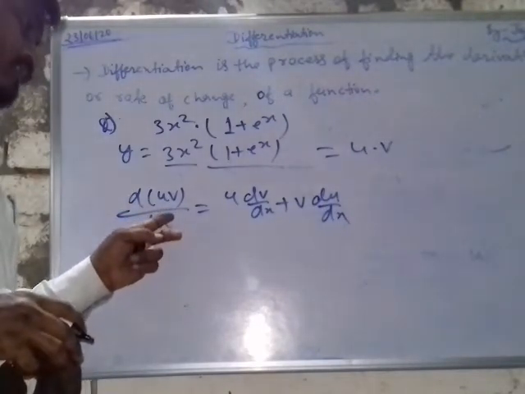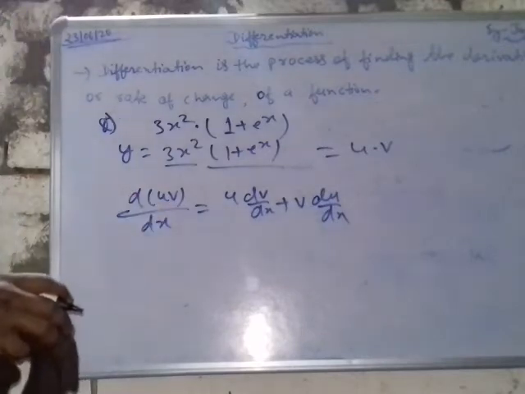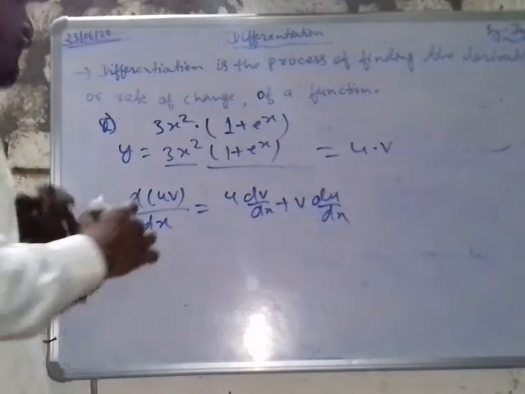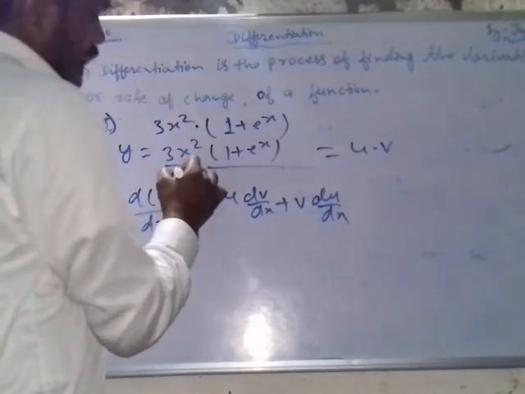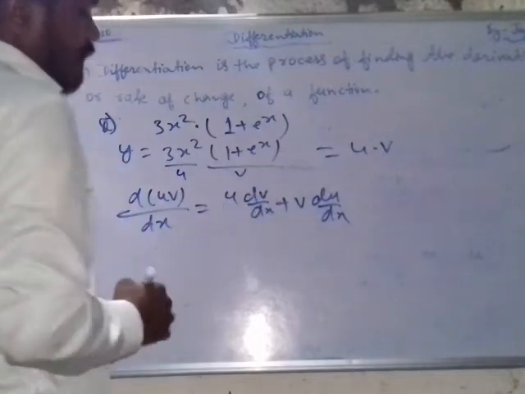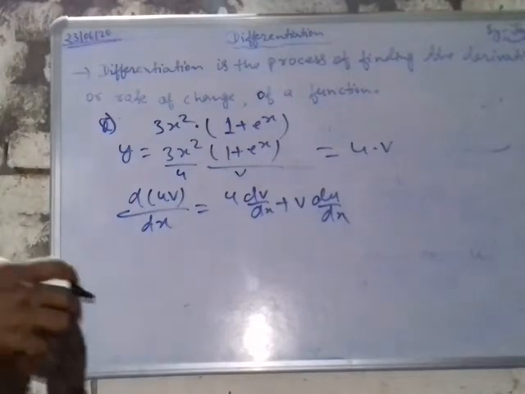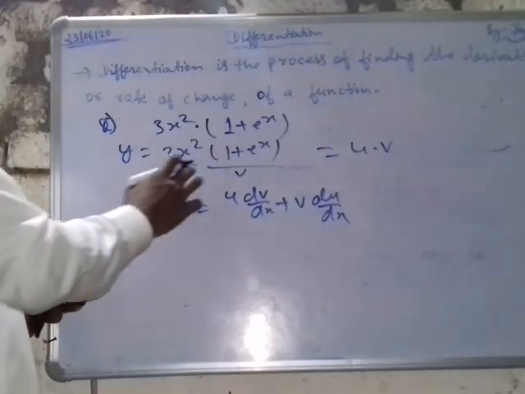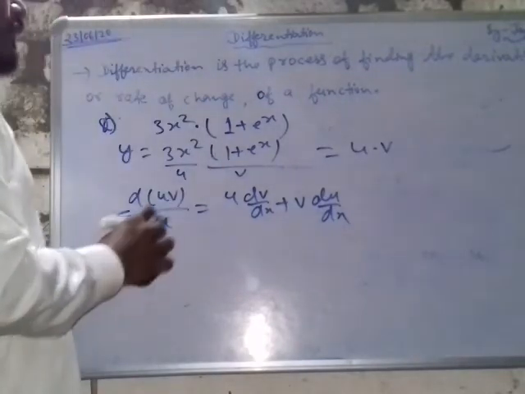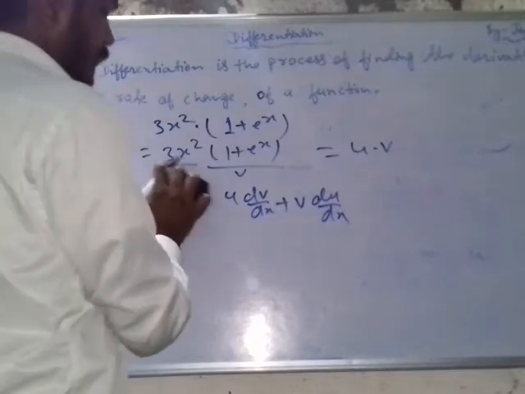This is the differentiation of u into v. If we choose u and v, then we can differentiate it by using this formula.